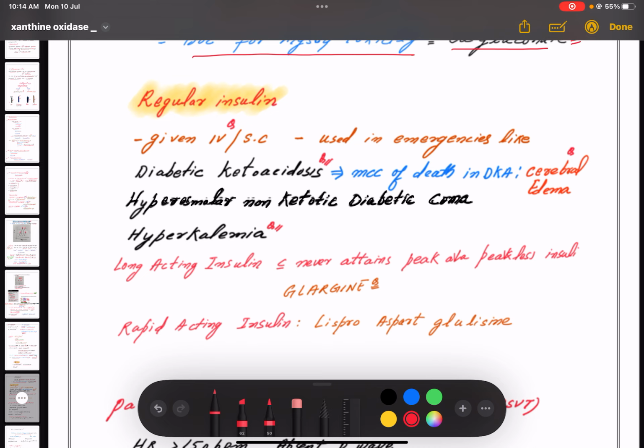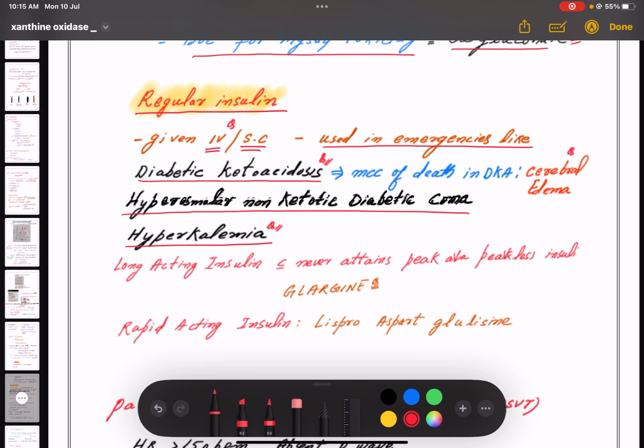Now let's talk about some insulin preparations. We have regular insulin. Regular insulin is the only insulin which is given IV. This regular insulin can also be given subcutaneous, and it is used in emergencies like diabetic ketoacidosis, hyperosmolar non-ketotic diabetic coma, and hyperkalemia.